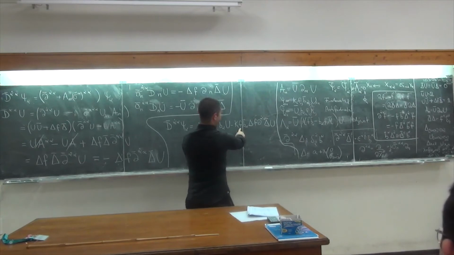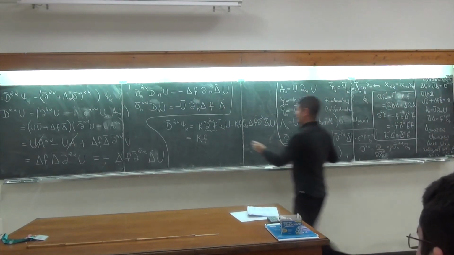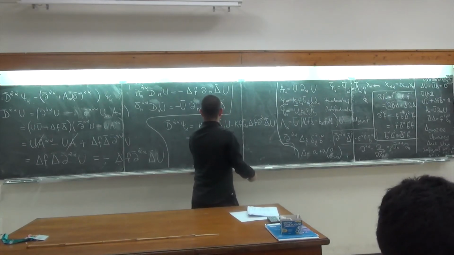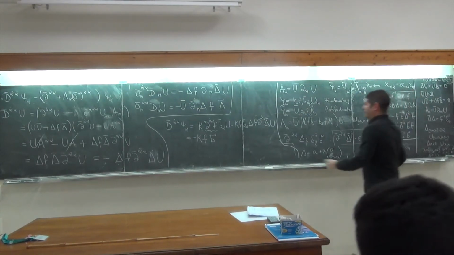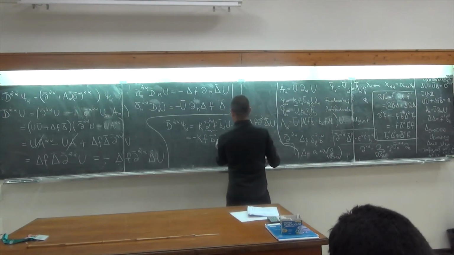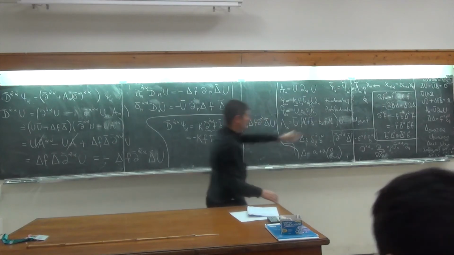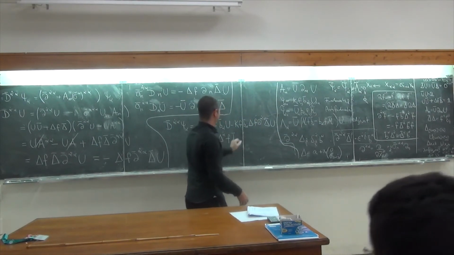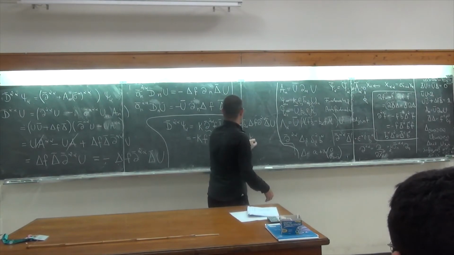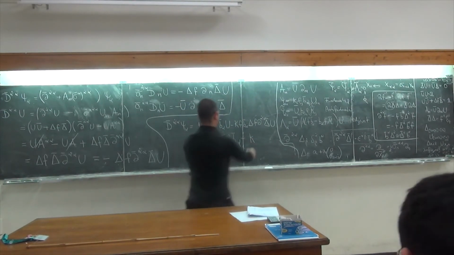Derivative of f was f. Let's use this. F b bar is minus f b bar alpha delta alpha dot f. Okay, this is derivative times b bar alpha.